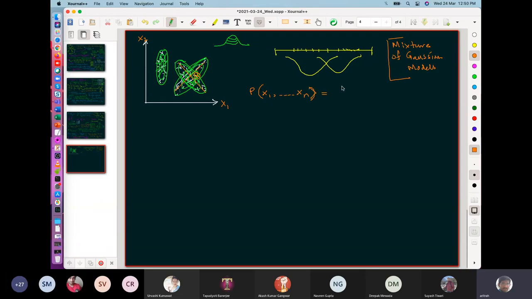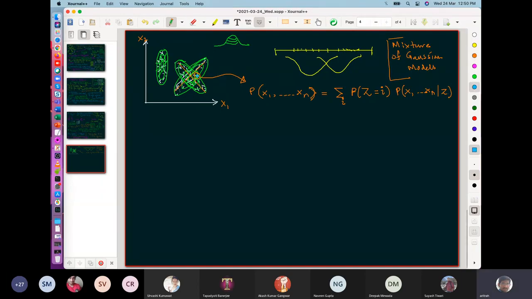Since point P could come from a mixture of Gaussian models, the probability of point P being drawn from the mixture of models is this: suppose I select the ith Gaussian model, what is the probability of drawing that point with respect to the ith Gaussian model? And for all models that I have, if I sum over them, the probability of drawing that point from a mixture of Gaussian models is this formula.